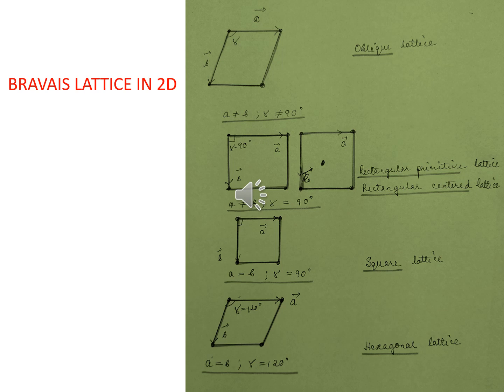That is why it is called a rectangular centered lattice. In the square lattice, the sides of the unit cell are equal, that is a equals b, and the angle between them is 90 degrees, gamma is 90 degrees. In the case of the hexagonal lattice, the sides are equal, that means a is equal to b, and the angle between them, gamma, is 120 degrees. Okay, so these are the 5 types of Bravais lattices in 2 dimensions.